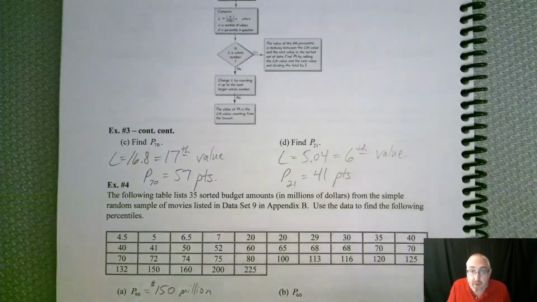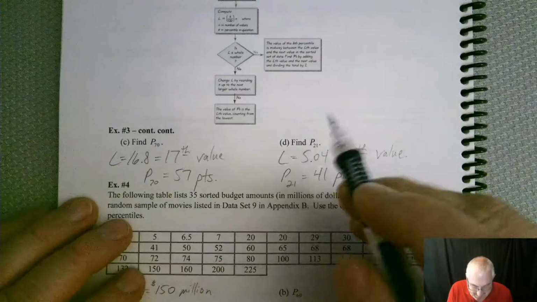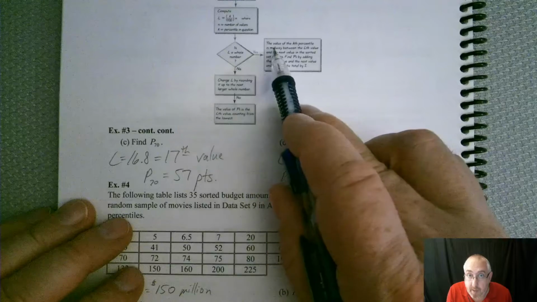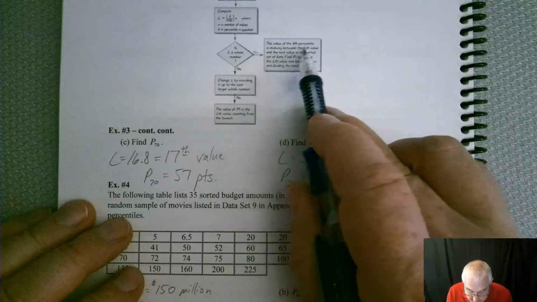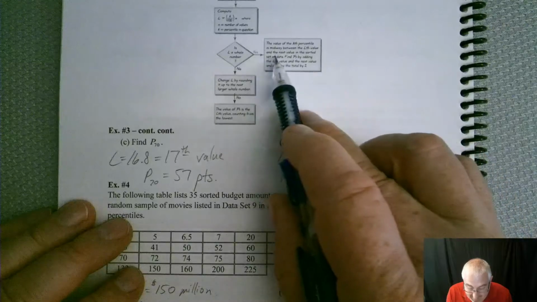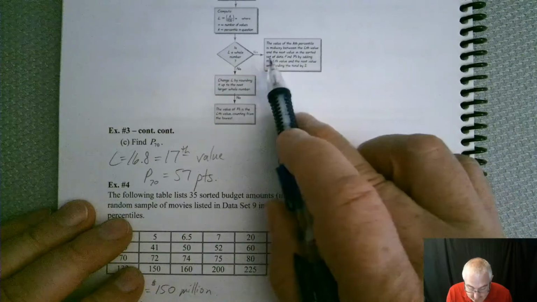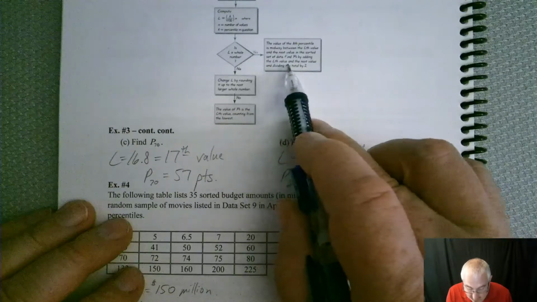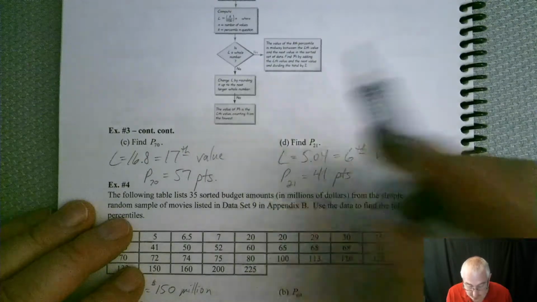Again, make sure you get your magnifying glass. So it says when L is a whole number, the value of the kth percentile is midway between the nth value and the next value in the sorted list of data. Find P of k by adding the nth value and the next value and dividing the total by 2.